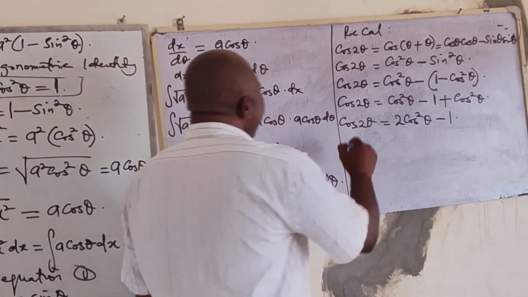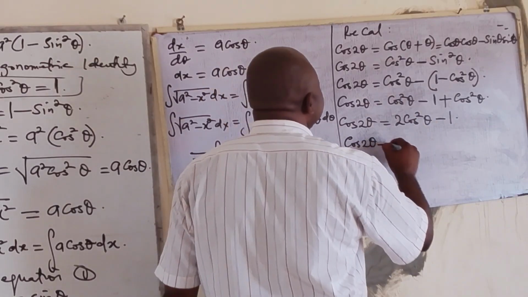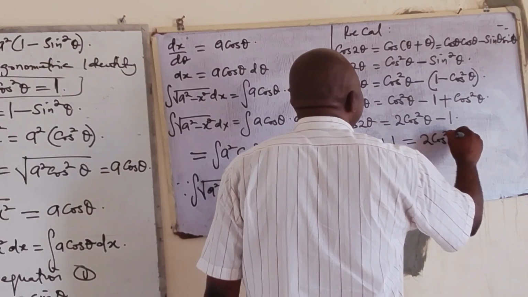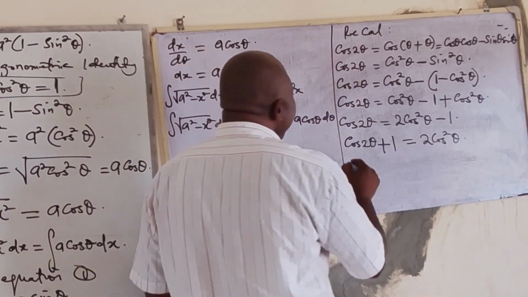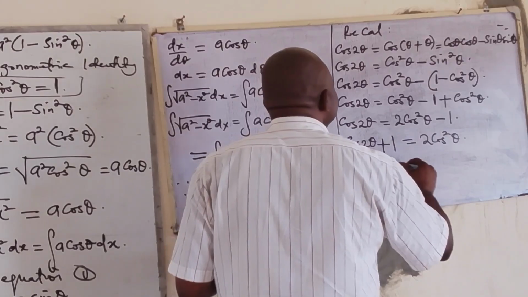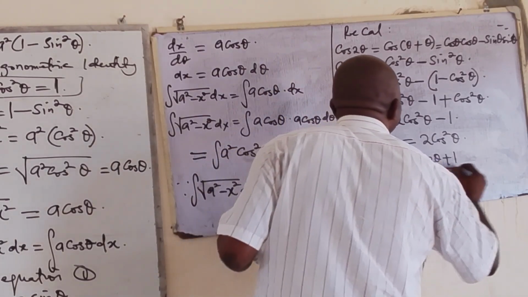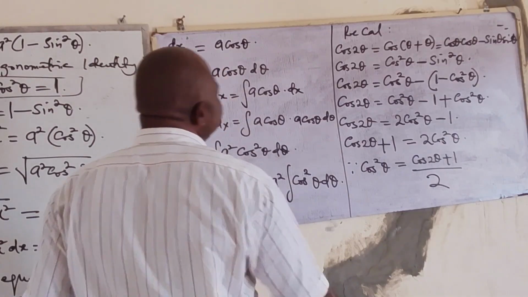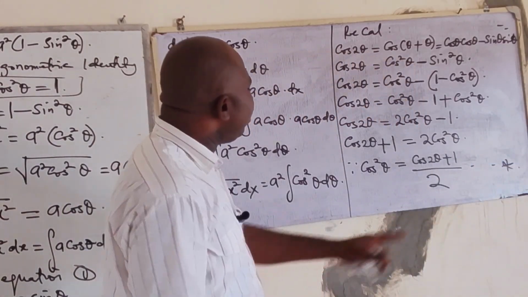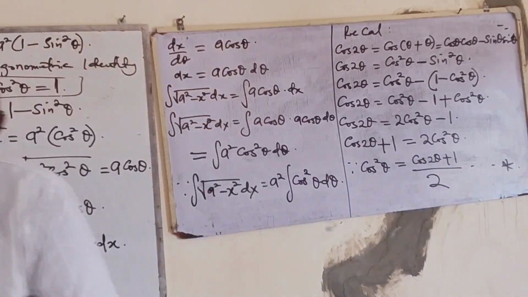Bringing the minus 1 over, it becomes plus 1, equal to 2 cos squared theta. So cos squared theta is cos 2 theta plus 1 all over 2. Let's take note of this.